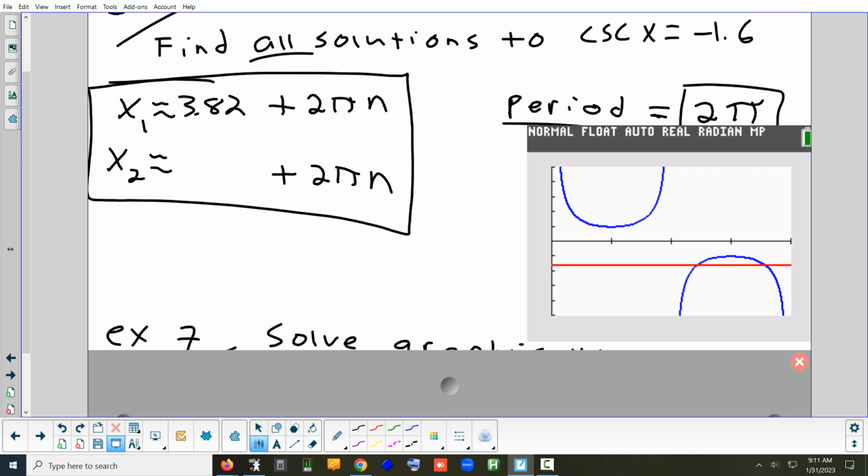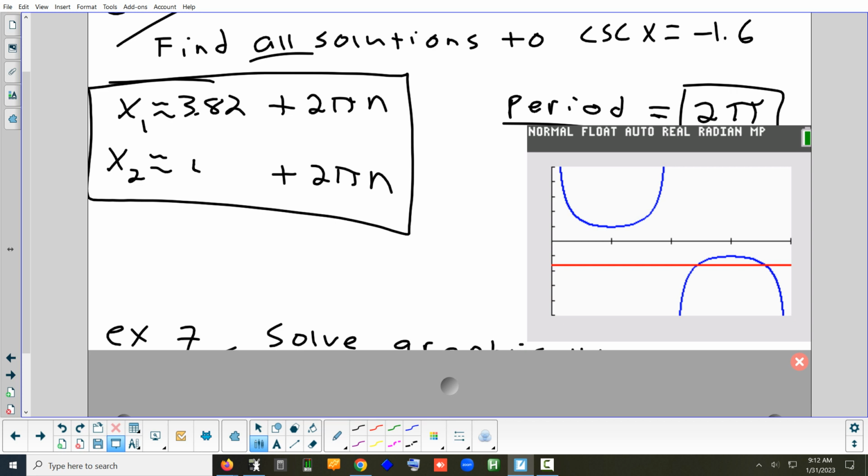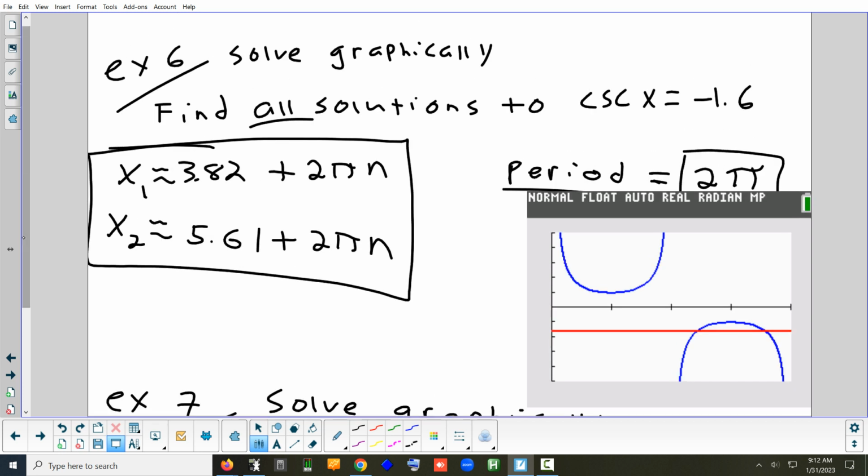And that answer is going to repeat itself every 2 pi units. And the other answer? Just move your cursor a little bit closer to the right. That should be good enough. 5.61. And that's how you describe all solutions, by putting the plus 2 pi n in.